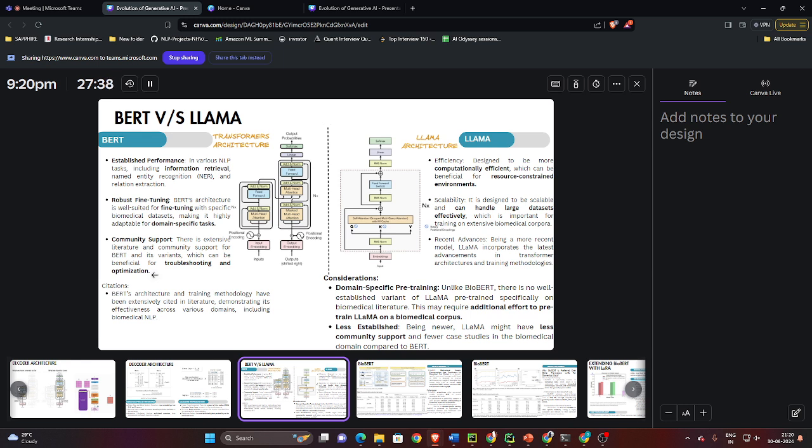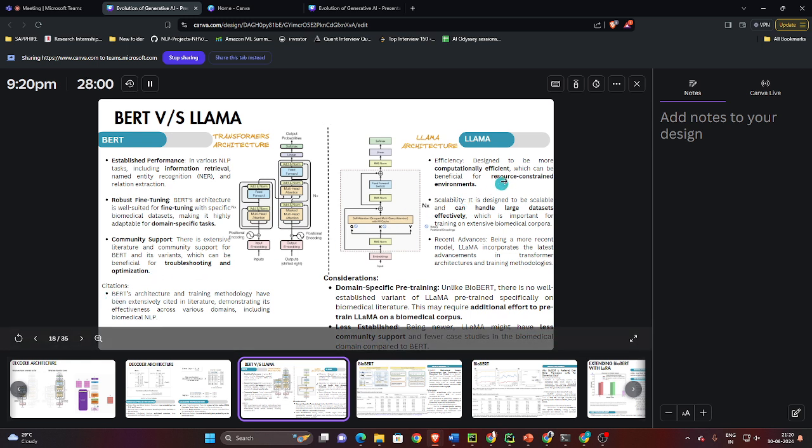We have everything. But for Llama, I wouldn't say no such work exists, but less such work has been done. BERT offers robust fine-tuning architecture for domain-specific tasks and stronger community support, since Google has some of the best engineers, of course, and has been cited by many more people.